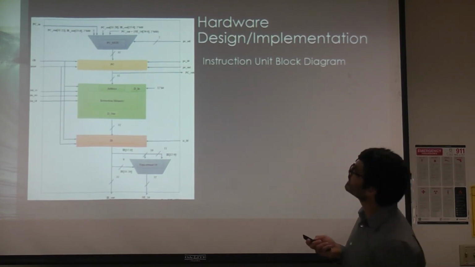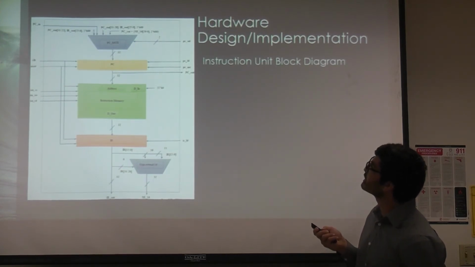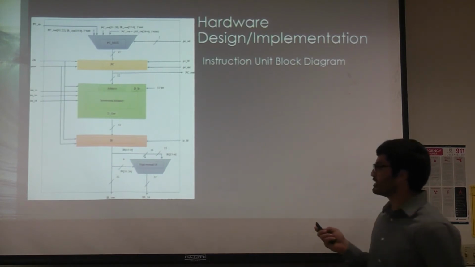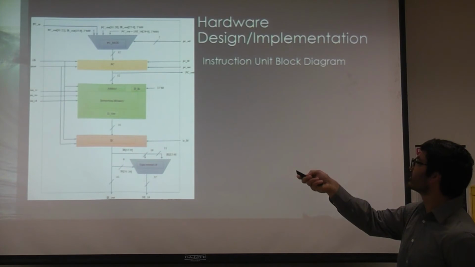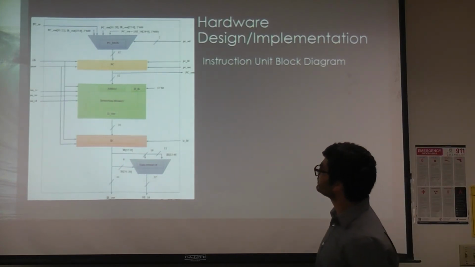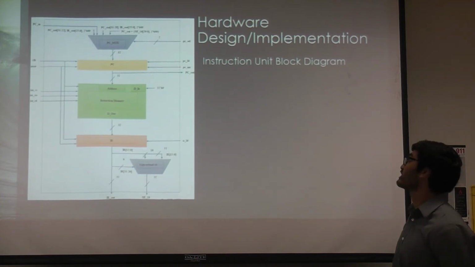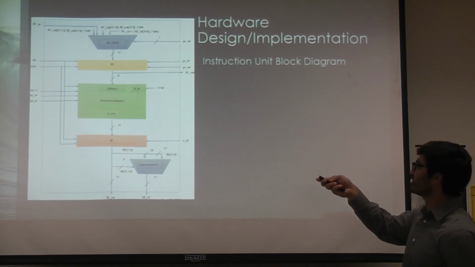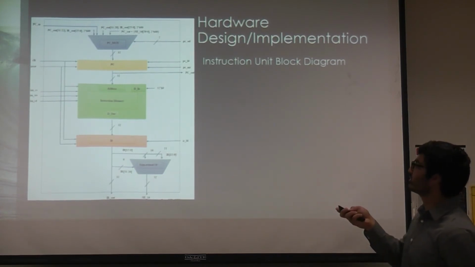Our PC, what does that say? Is that PC out there? Which one? This one right on the far left. PCN? Sorry, PCN. We have our PCN, and then we have our PC select, which is 2 bits. Then we have that value coming out of the PC mux, which is 32 bits wide, going to the PC.